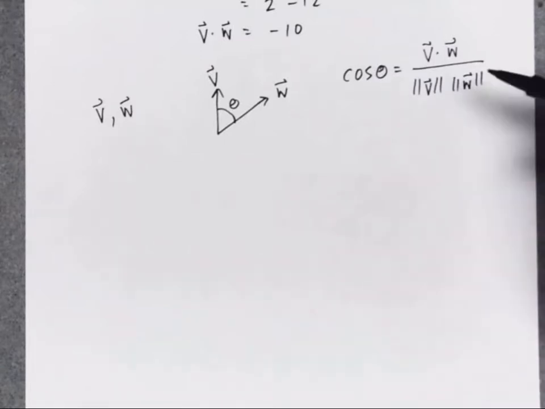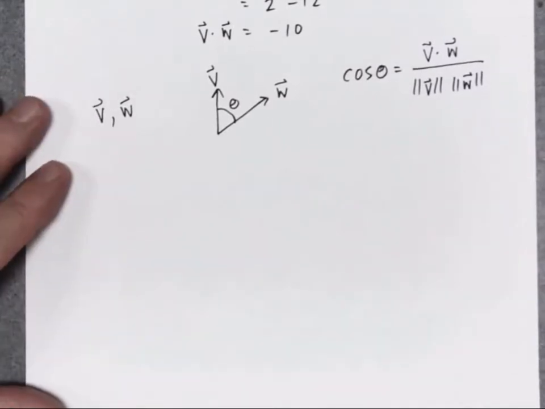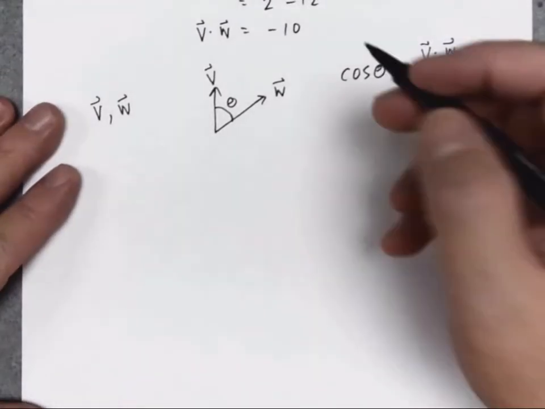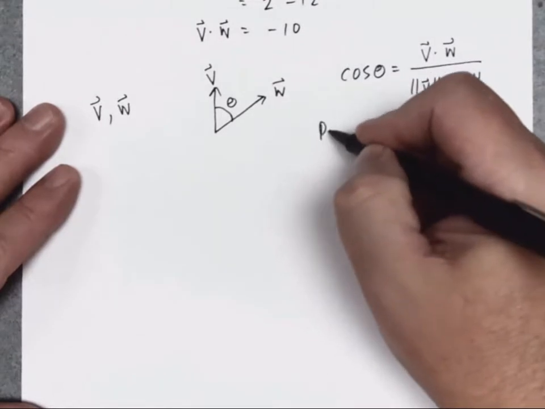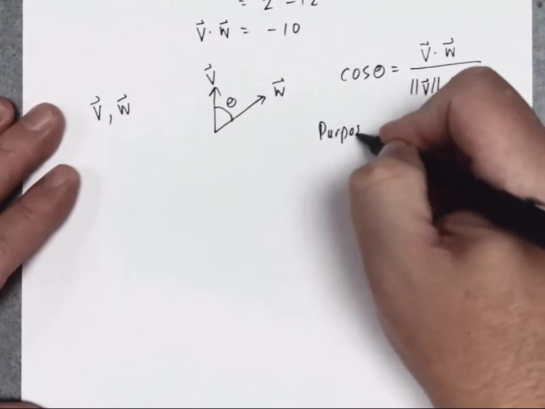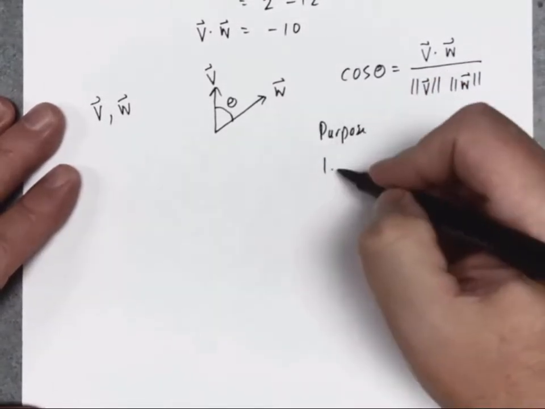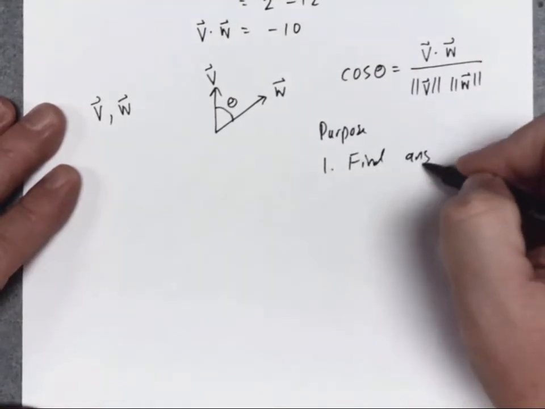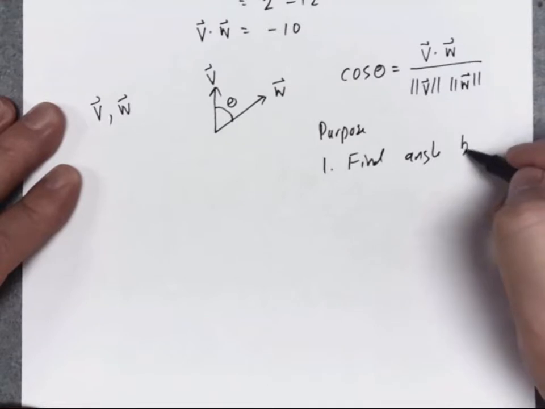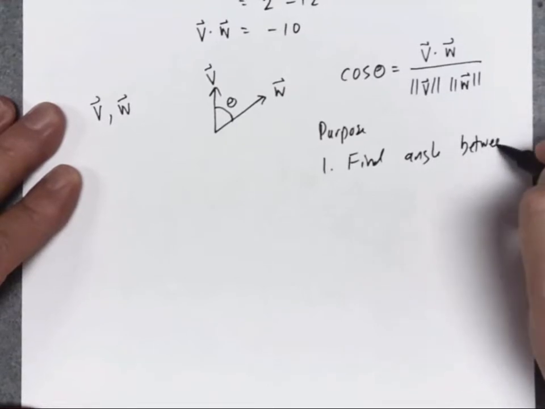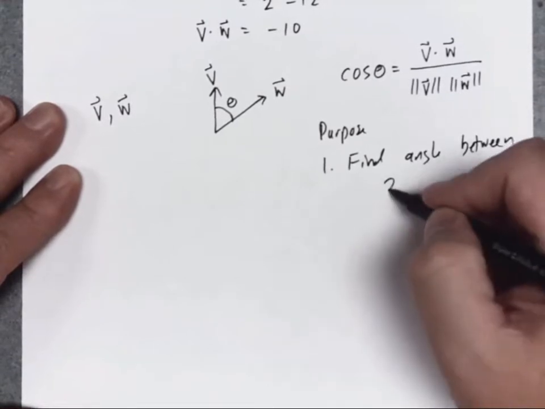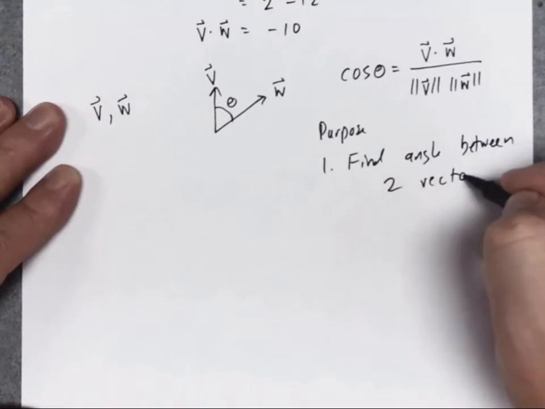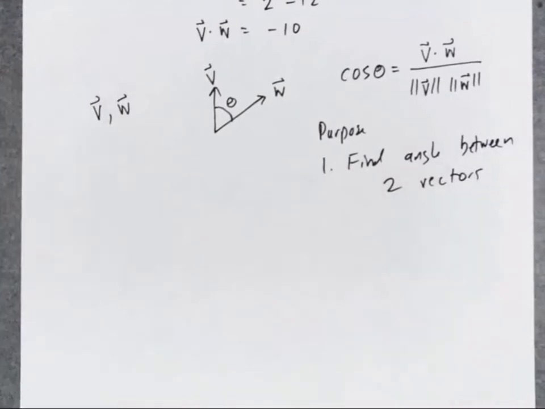Now we're going to really use this for two purposes. And let me tell you what we're going to do now, and then we're going to just do some examples. The first purpose of this equation is to find the angle between two vectors.